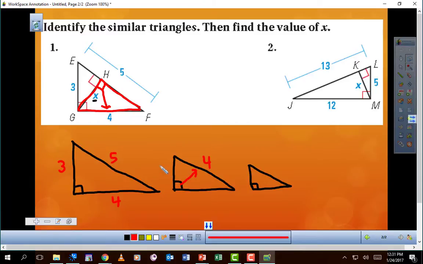So I think the 3, hold up. You see this 3 here? This 3 is part of the big triangle, right? Is it part of the medium triangle here? So this 3 doesn't go here, so the x, we're going to say, goes here. Right? Does that look right?